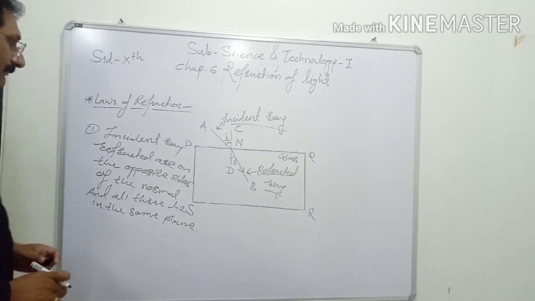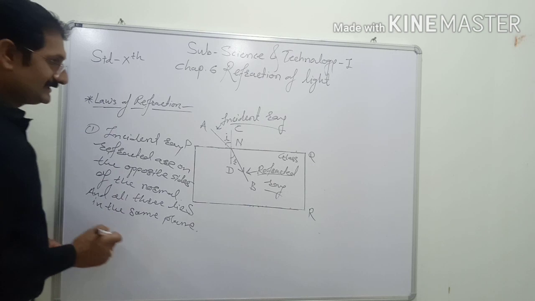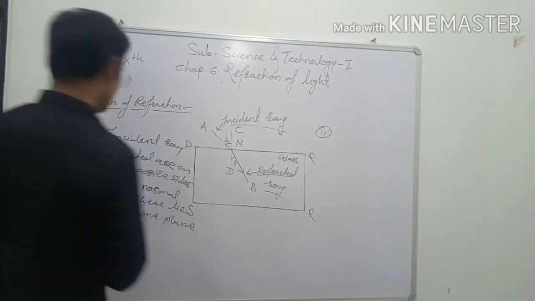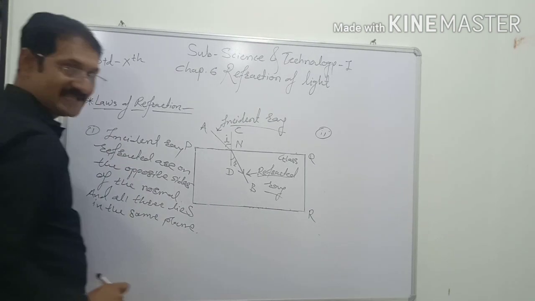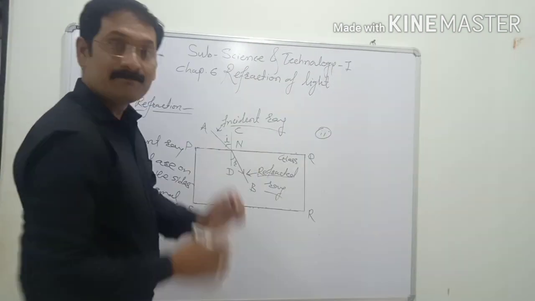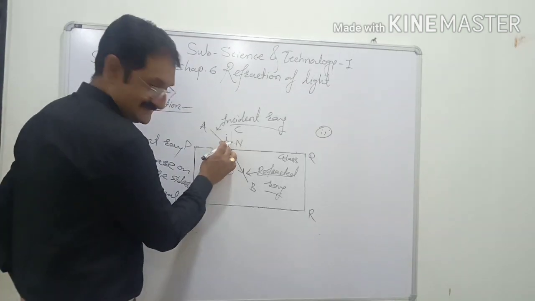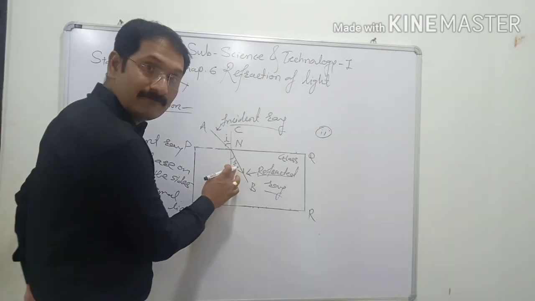What is the second law of refraction? Listen. For a given pair of media, this is the sine of the angle of incidence and this is the sine of the angle of refraction.